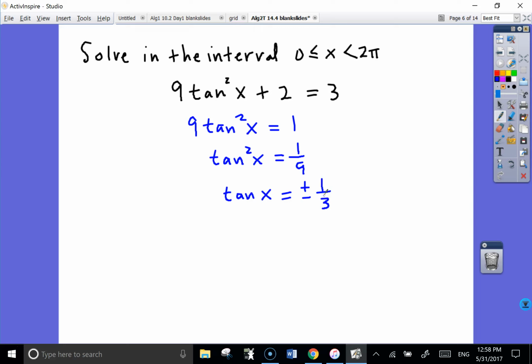Okay, now, this one did not say to solve exactly. Now, that could just be because I forgot to write it in there. But you know what? It can only say that if we got unit circle coordinates here. Using all those combinations of x's and y's, is there a way to get tan x equals 1/3?